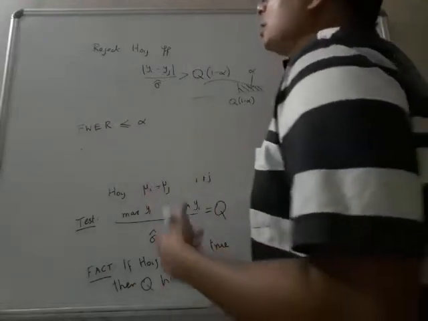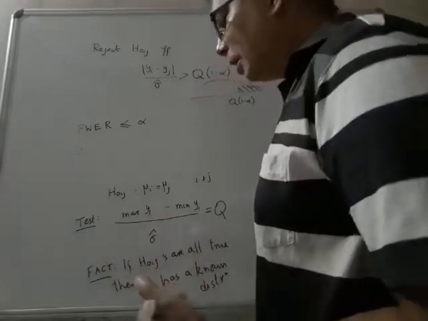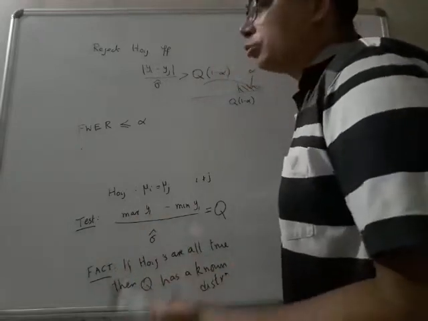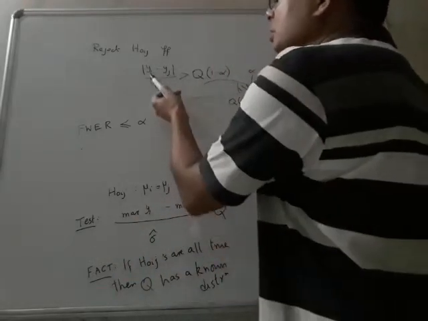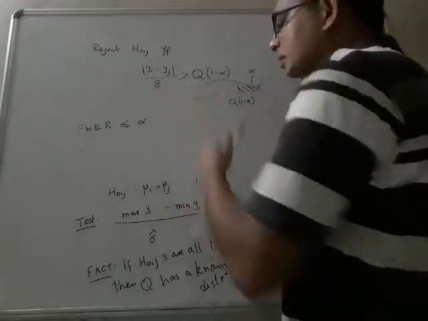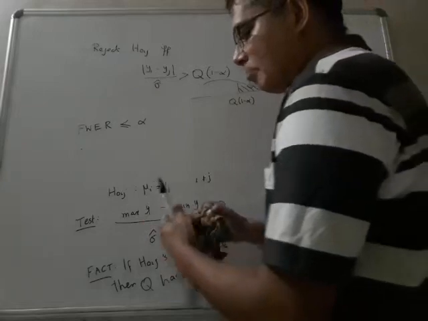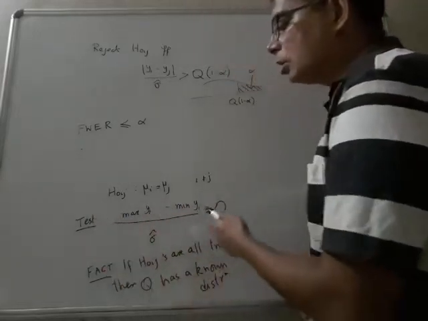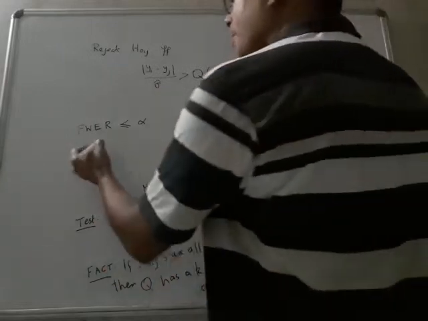The chance that you will reject at least one H naught ij when all the H naught ij's are actually true. Now if you reject at least one of them, this means that this difference exceeds this value. If this difference exceeds this value, definitely this must exceed that, because this is the maximum difference of all the yi's and yj's.